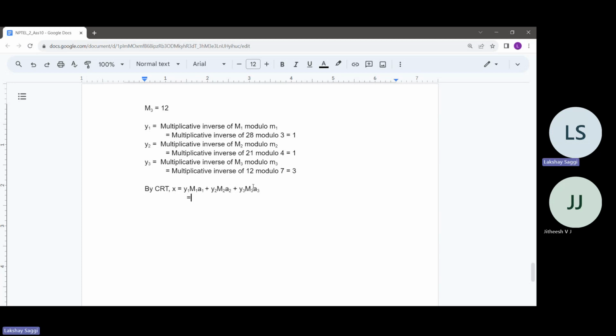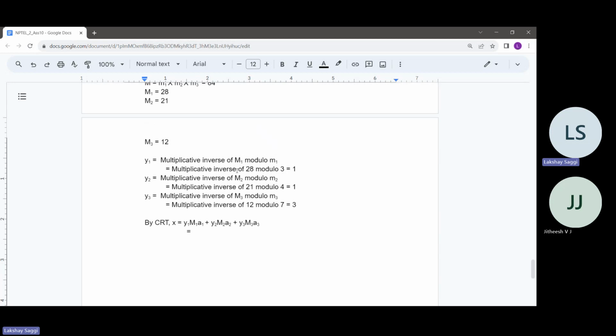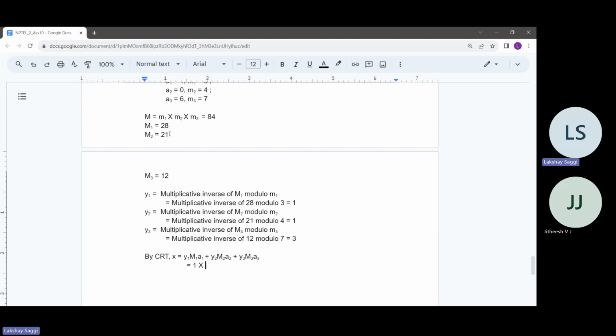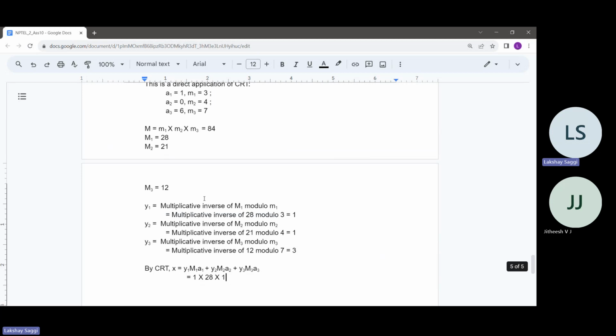And this will be nothing but putting the values of y1 as 1, capital M1 as 28 and small a1 as 1. Similarly, y2 as 1, capital M2 as 21 and small a2 as 0, and y3 as 3, capital M3 as 12 and small a3 as 6. So this will be one such possible value of x.